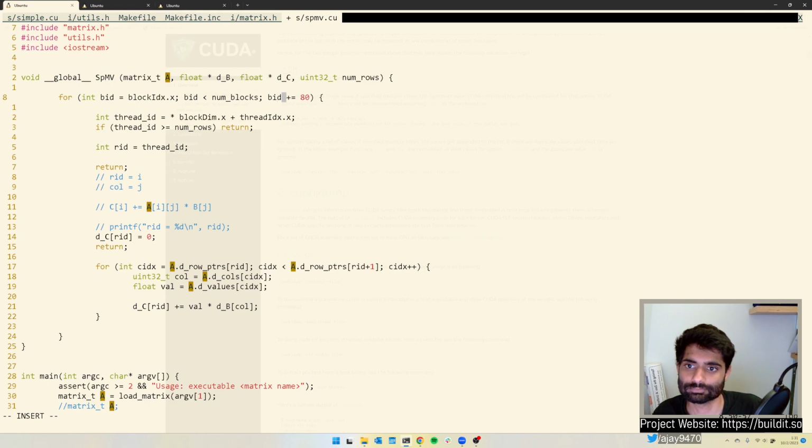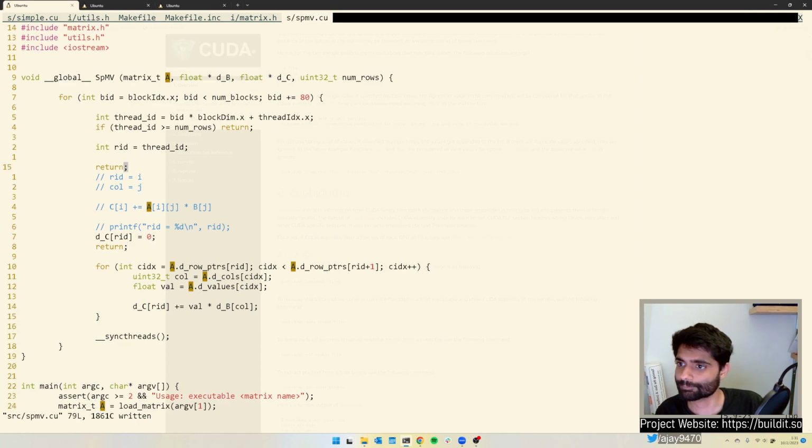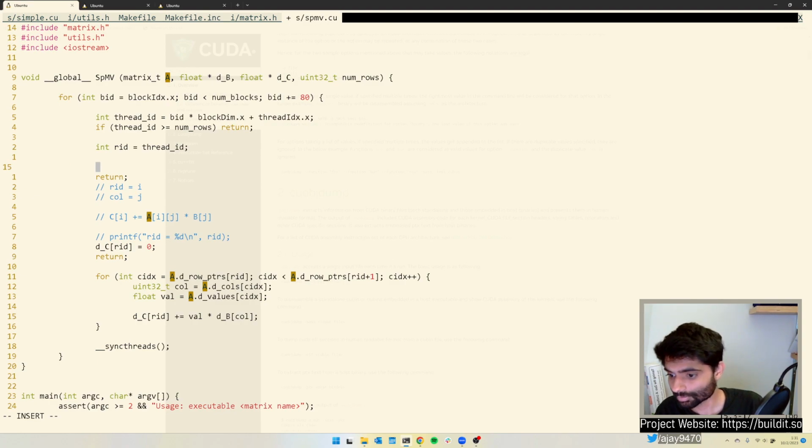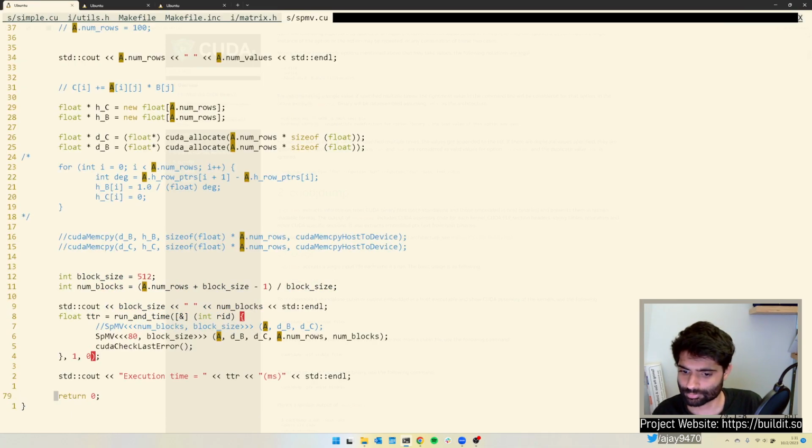Use the PID, and I'm going to sync all the threads at the end. So this instead of return should just do a return.